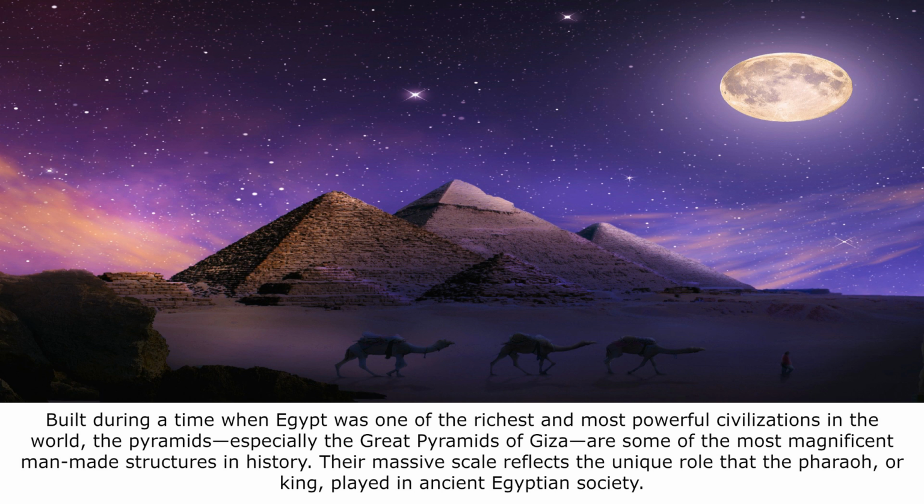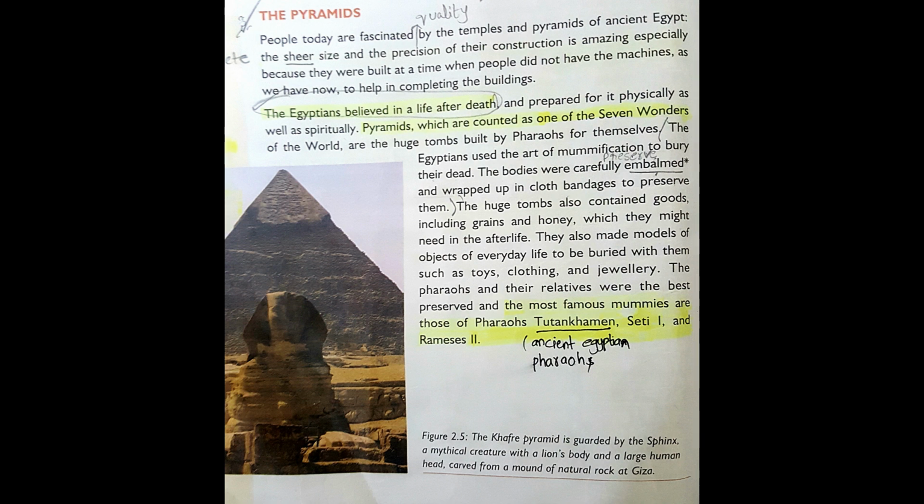Their massive scale reflects the unique role that the pharaoh or king played in ancient Egyptian society. So people are very amazed to look at the construction and style of these pyramids.